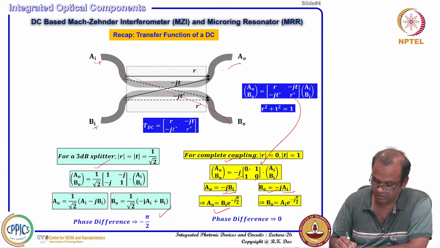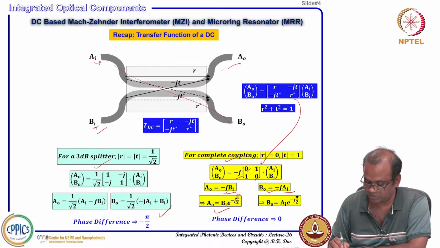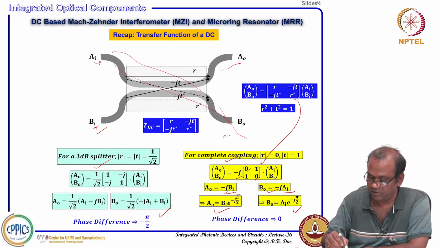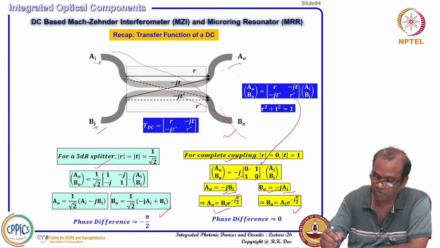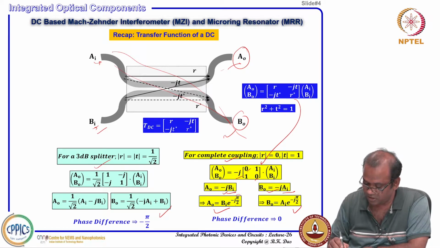So, whatever is going there, along with that it is introducing minus pi by 2 phase difference, and here also whatever is coming here, it is adding the same phase. But as a whole, if you compare A naught and B naught, because of the directional coupler there is no phase difference, because this is also minus j pi by 2, minus j pi by 2.